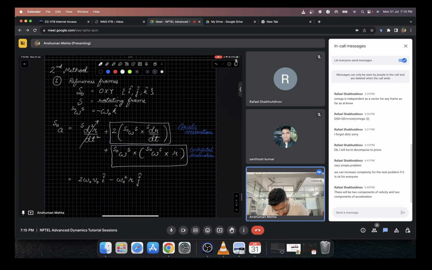So the first step is to find the reference frame. The second step is to write the known quantities, and the third step is to apply the formula. Just 3 steps, and surprisingly you will see that all these problems can be solved using these formulas.